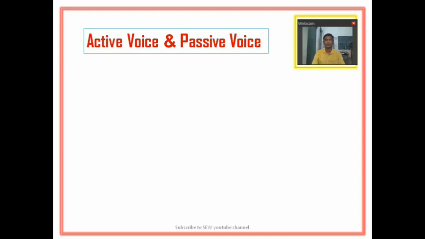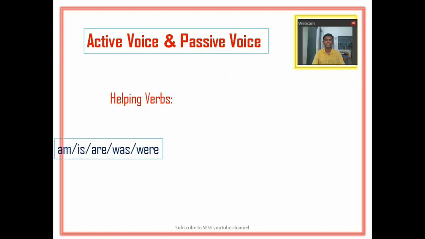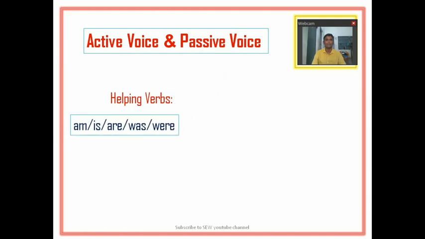Okay. So to understand better, we need to know even the helping verbs. What are the helping verbs? If we come across any one of the following helping verbs in active voice, what do we have to do? We should write being after them. I'm repeating. If we come across any one of the following helping verbs like am, is, are, was, were, what should be written?